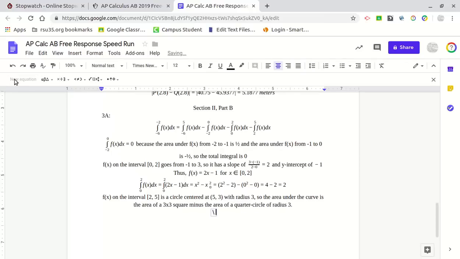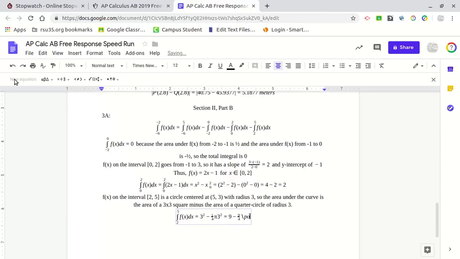That is a much easier way to solve this integral. So the area of a 3 by 3 square is 3 squared, minus the quarter circle, so that is 1/4 pi 3 squared. So final answer is 9 minus 9/4 pi.